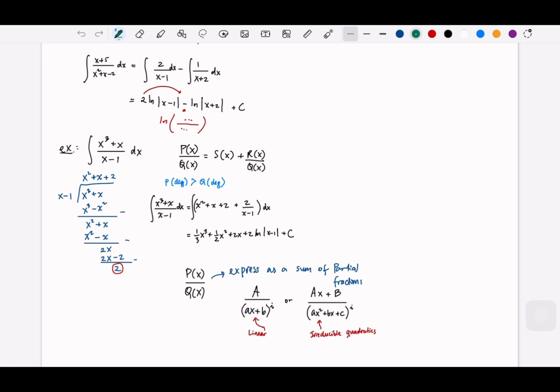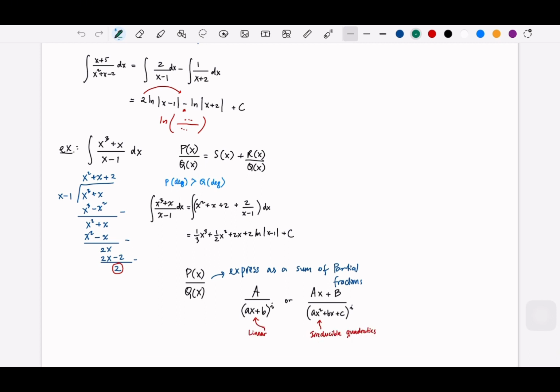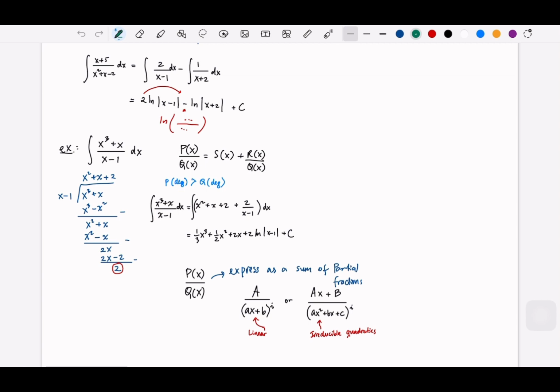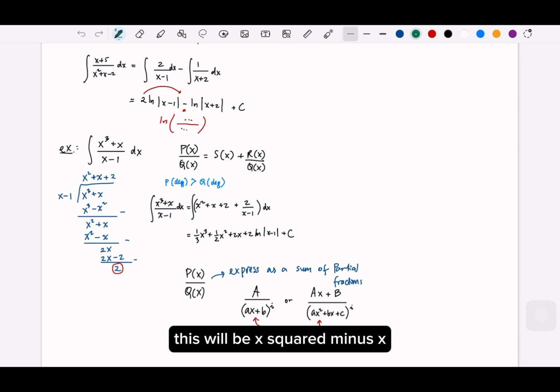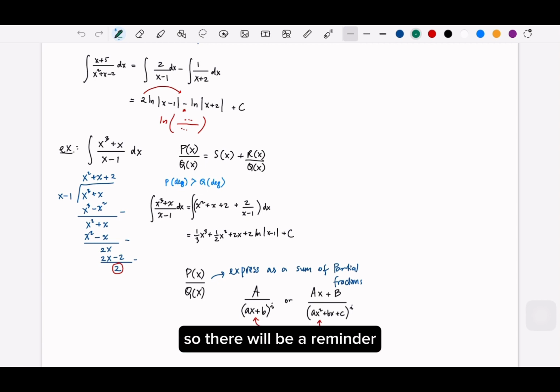So this will be x squared. x cubed minus x squared. So 0, minus minus, so x squared plus x, right? And then plus x, this will be x squared minus x, plus 2x, right? And then plus 2, so there will be a remainder.